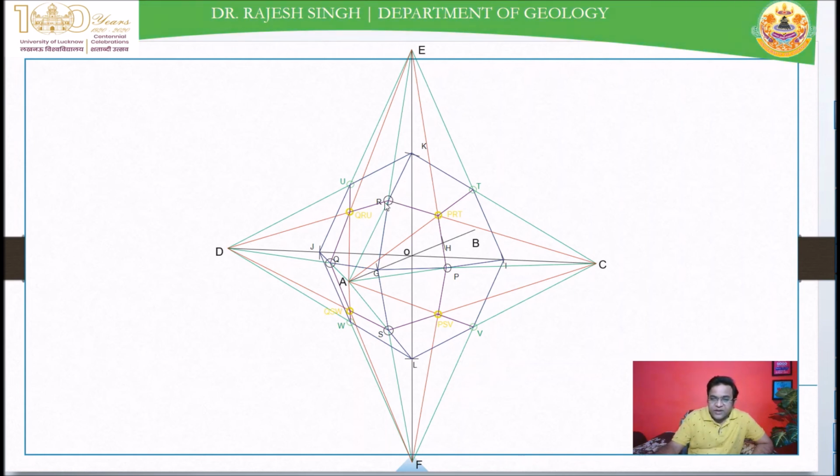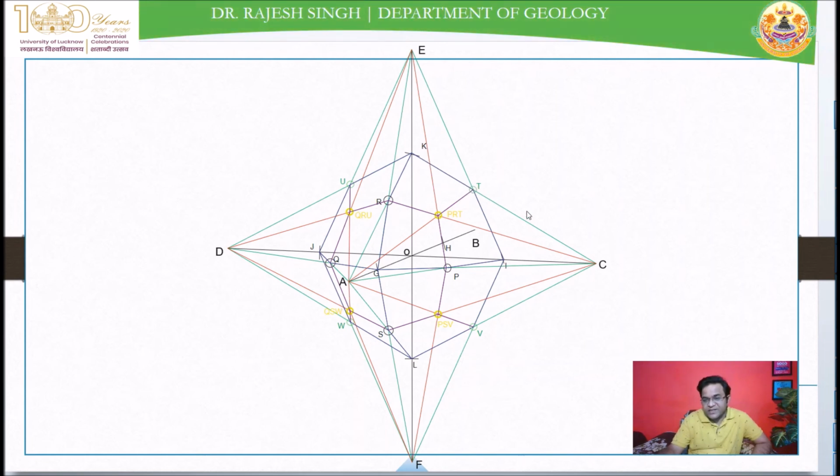Which one? R, K, T, P, R, T. So these faces are intercepting the A3 axis positive side at unit distance, and this line or edge K is parallel to which one? KA. So this face is intercepting the A1 axis at twice the distance.